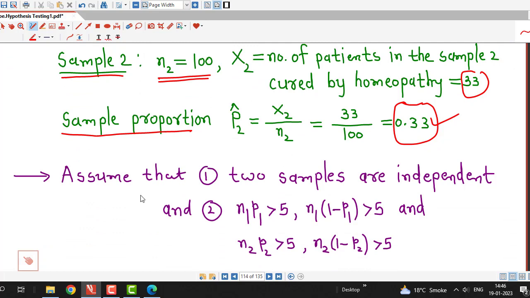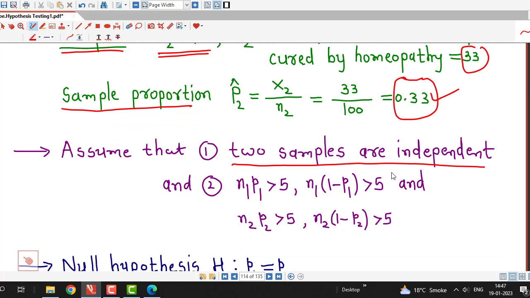Before applying our test, we assume that two samples are independent, or we can say that two treatments are independent, and we require these conditions also. n1 times p1 is greater than 5, n1 times 1 minus p1 is greater than 5. This means sampling distribution of sample proportion for first sample is normal.